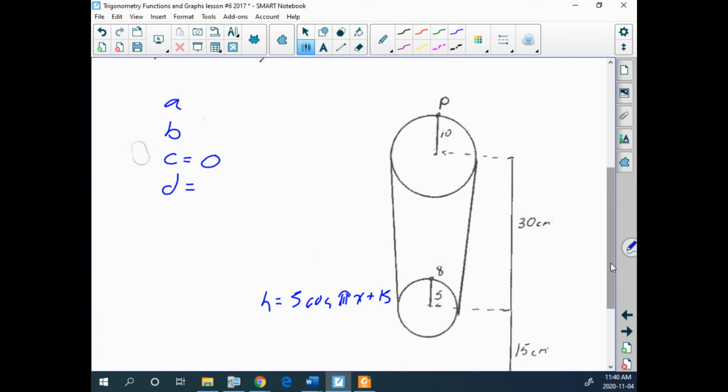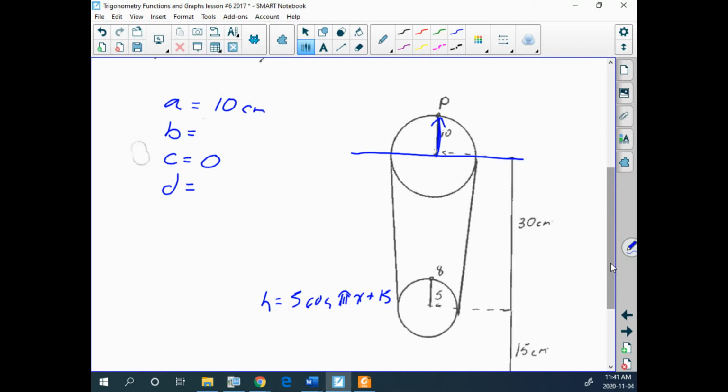Well, the amplitude should be relatively easy to see. What's the maximum height it's away from the center of that gear? Here's our midline again. Our point's going to have an average height there. The maximum displacement is either 10 centimeters above or 10 centimeters below.